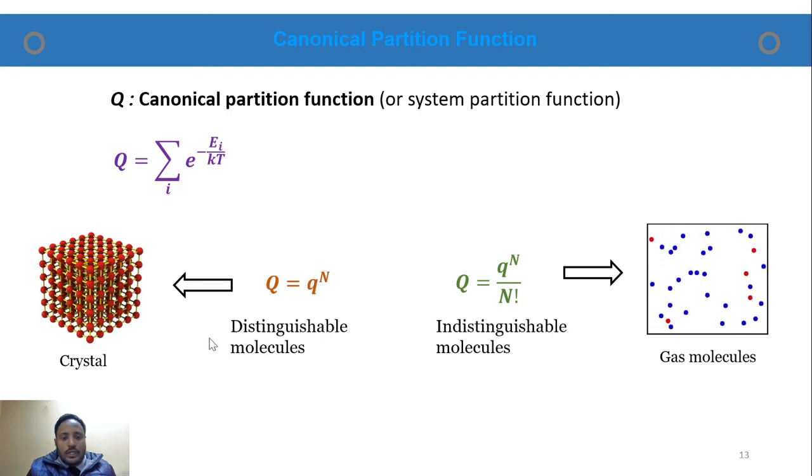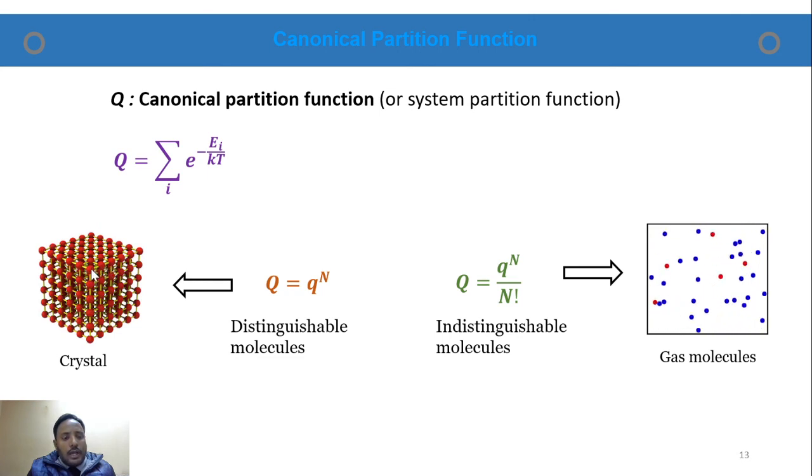Suppose for distinguishable molecules, if we take the case of a crystal, all the molecules or the atoms in a crystal are localized in their positions, so they are distinguishable from each other.